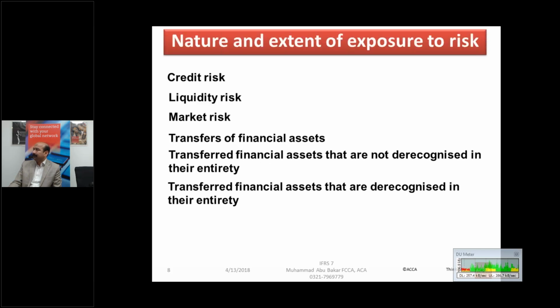Then you will have to disclose the nature and extent of exposure related to your credit risk, liquidity risk, market risk, transfer of financial assets, transfer of financial assets that are not derecognized in their entirety, and transfer of financial assets that are derecognized in their entirety.